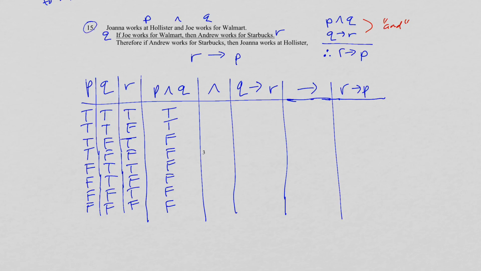Okay, so this is first. We gotta do this second. So the second premise is right there. So if Q then R, everything is true except for true false, which is this one, and true false would be this one. So true, true, true, true.